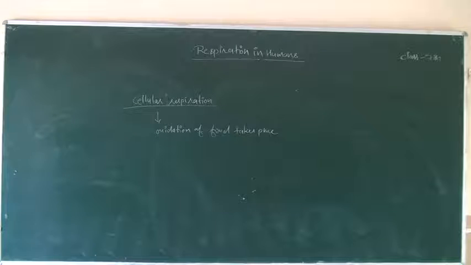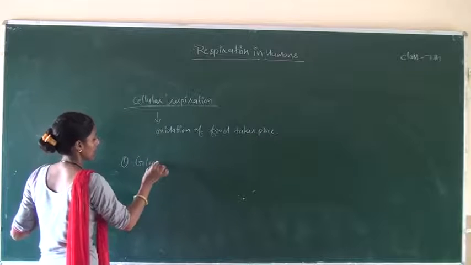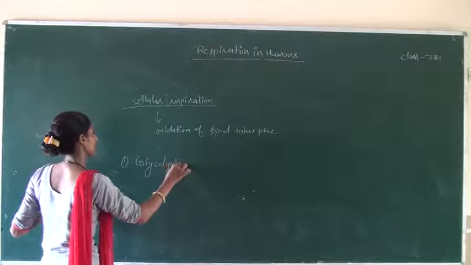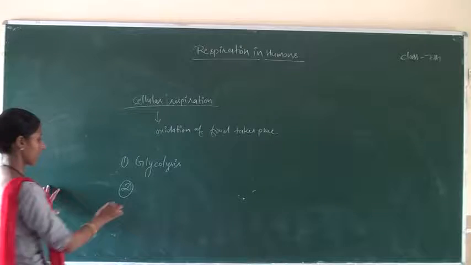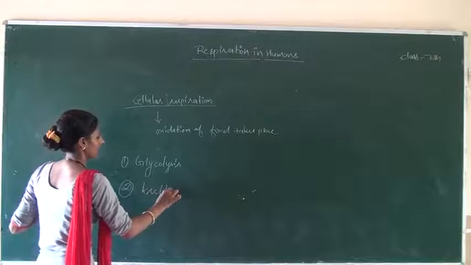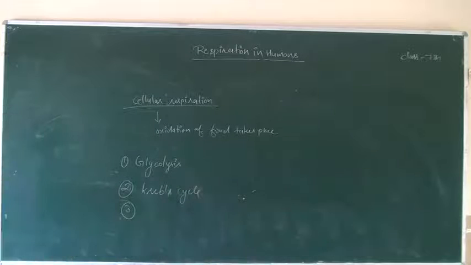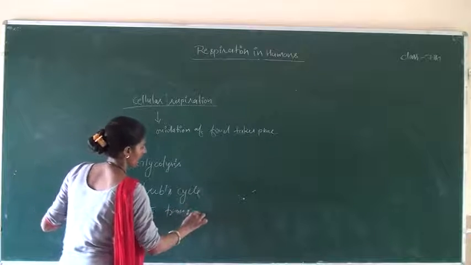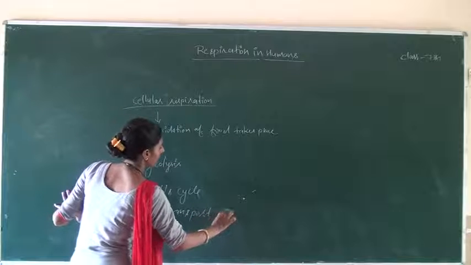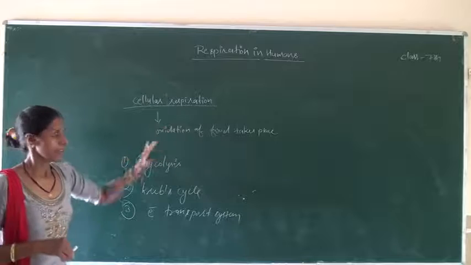It generally takes place in 3 steps: glycolysis, Krebs cycle, and third, the electron transport system. These 3 are the steps of cellular respiration.